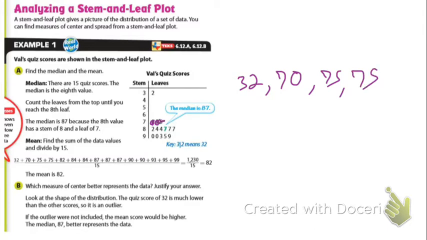So what they did here, ladies and gentlemen, they placed them in order from least to greatest. Remember, it's exactly the same as we did previously. You order them from least to greatest, and remember how I showed you to cross them off from each side until you get to the middle number. And that's how they got that there. So in this case, count the leaves from the top until you reach the 8th leaf.